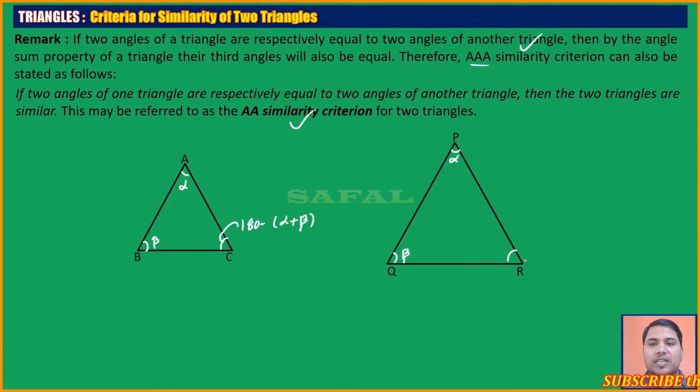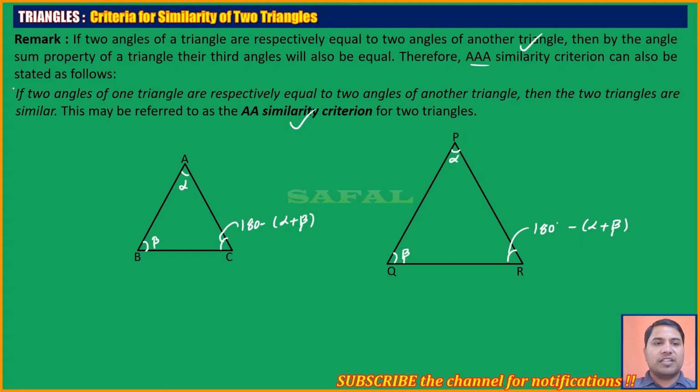Here also in this triangle, by angle sum property, angle R will be 180 degrees minus (alpha plus beta). So I can see that all three angles are equal. Hence the result follows. And this is a very important similarity criteria which we use most frequently.